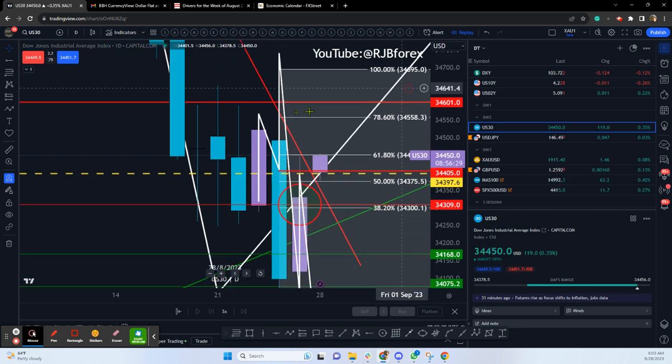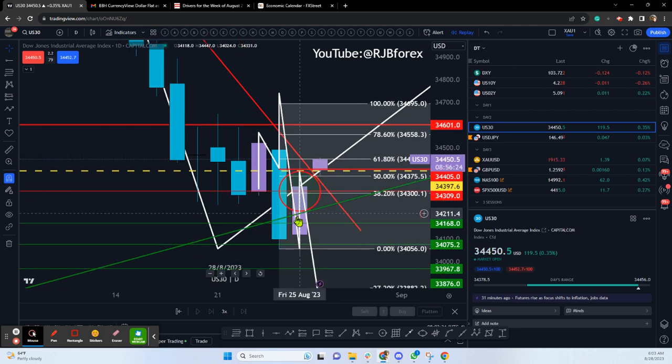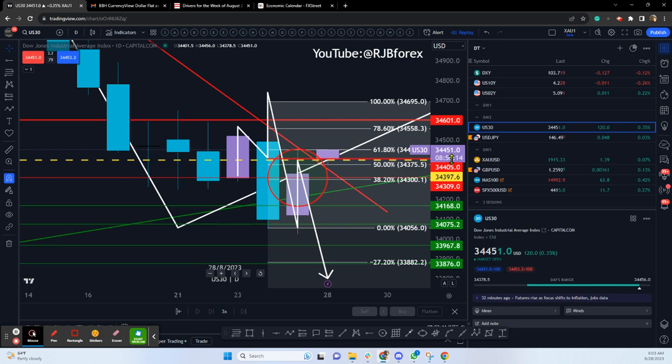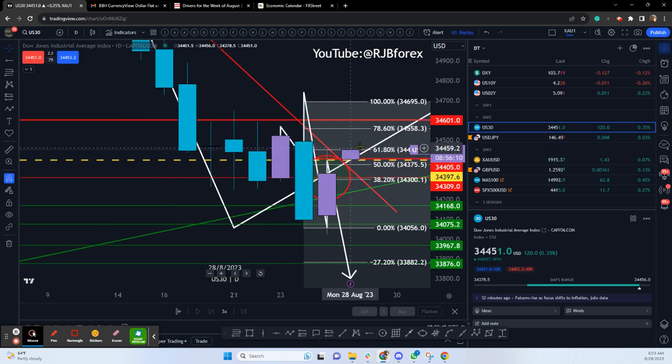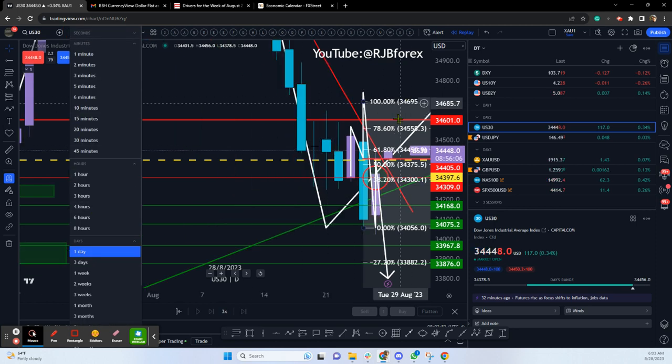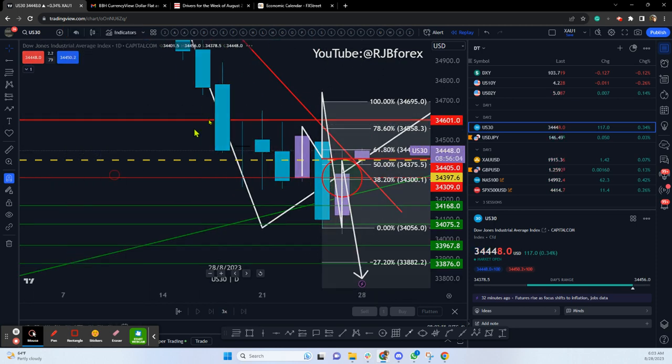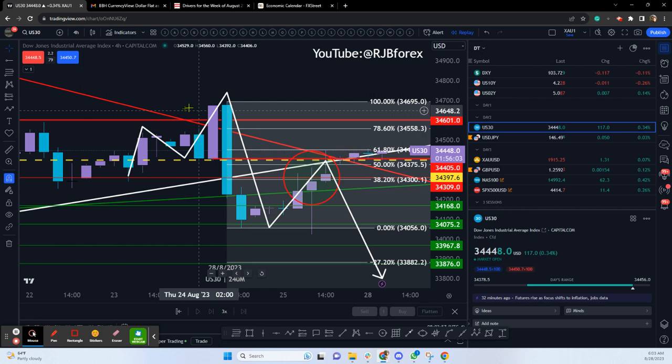Now the 61.8 often serves as a resistance, but that's quite a strong correction, and this has legs to go higher. So potentially looking somewhat bullish on the daily chart for the meanwhile. And if we come into the 4-hour chart, we've got an M formation, bullish.